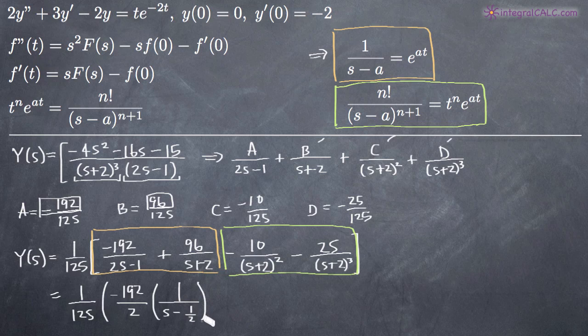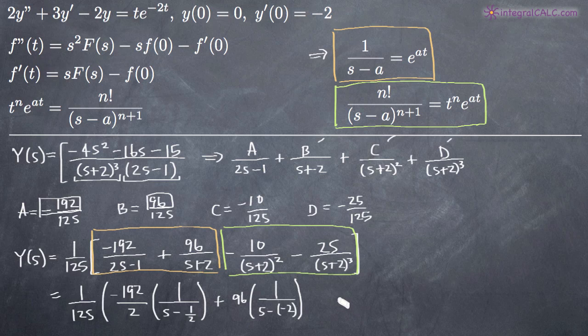Now this 1 over s minus 1/2 is in the same form as our formula, 1 over s minus a, so we can easily convert it to e to the at. So that's what we're going to do with the 96 over s plus 2 as well. We'll factor out the 96, and what we'll be left with is 1 over, and we could leave it as s plus 2, but let's go ahead and say s minus a negative 2, which is the same thing, so we have it in exactly the same format as 1 over s minus a.